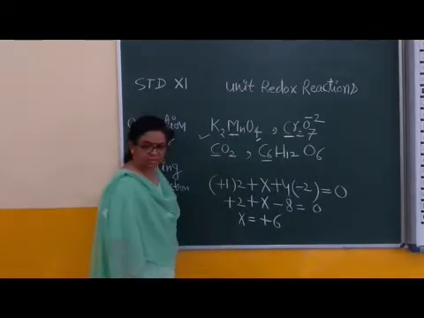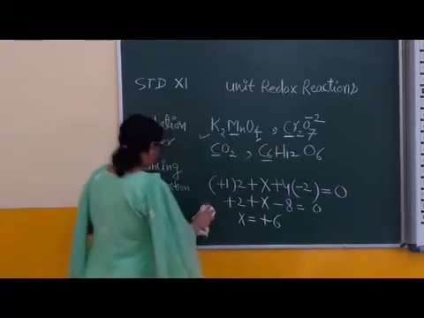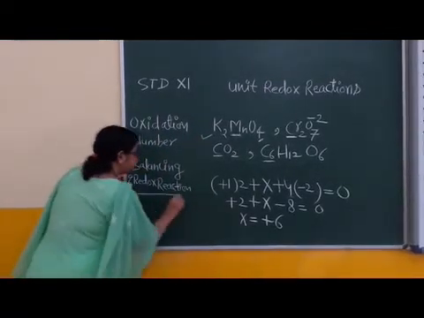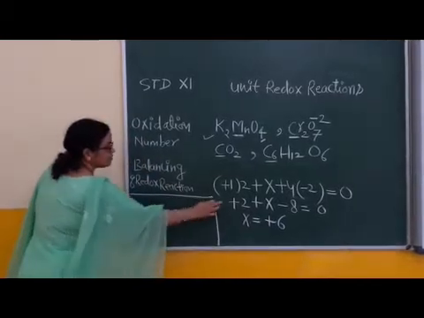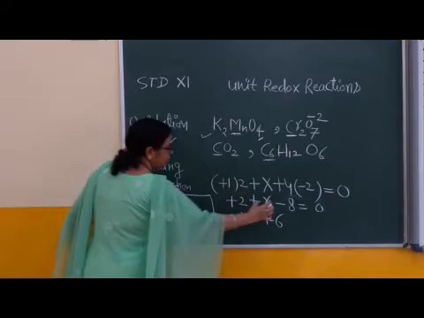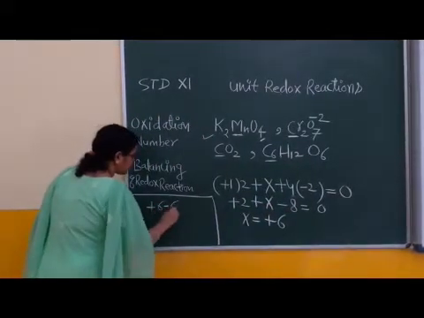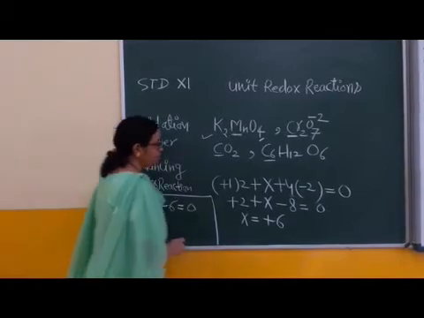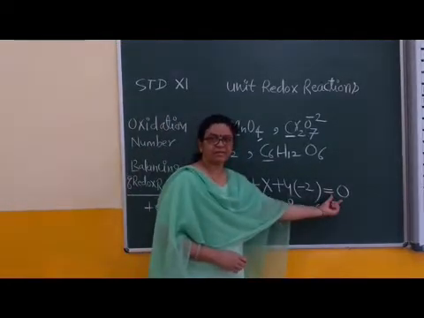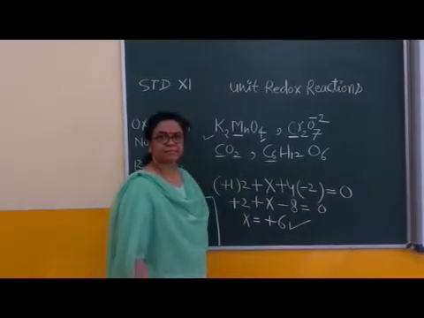Verify its charge. How will you verify? You can verify like this: if X is equal to 6, then +2 -8 is equal to -6. +6 -6 is equal to 0. Net charge is 0. Right? The +6 answer is correct.